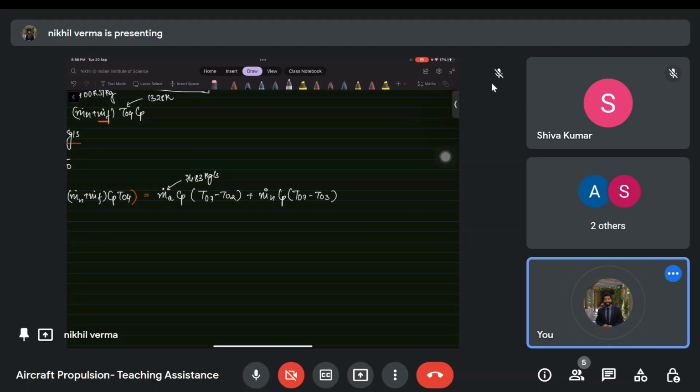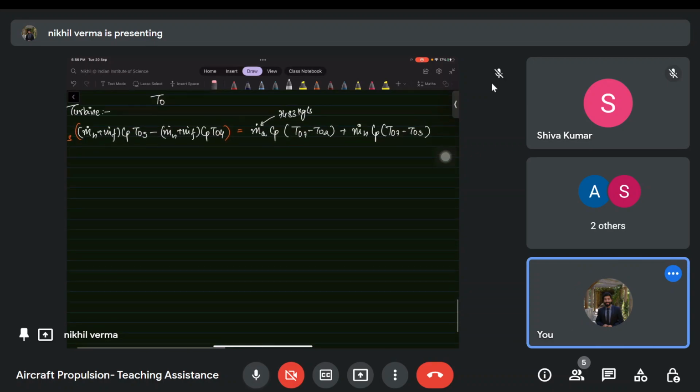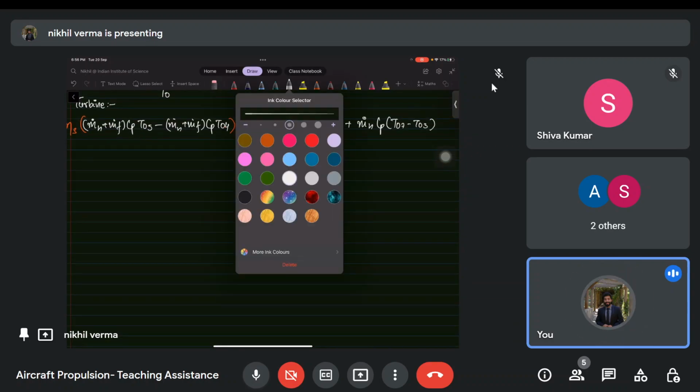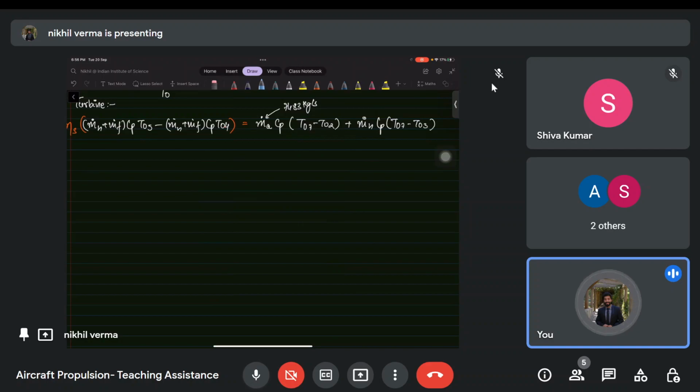So in this equation, your m dot a is known, m dot h is known, cp is known, and it will be cancelled off if you assume after the combustion cp does not vary. T naught 7 is known, T naught 2 is known, and T naught 3 is known.